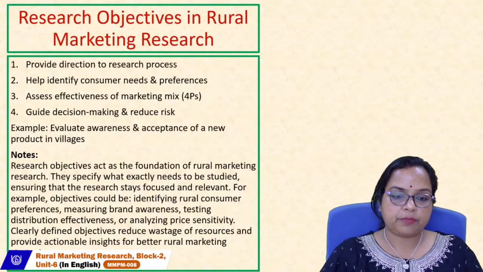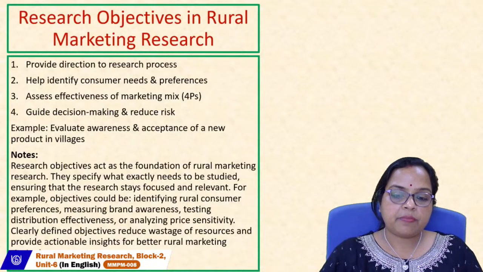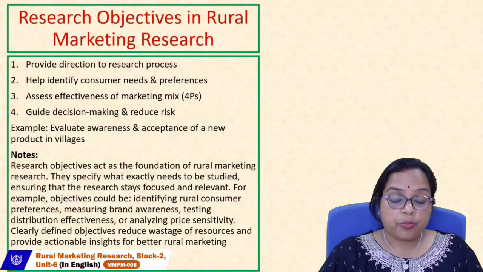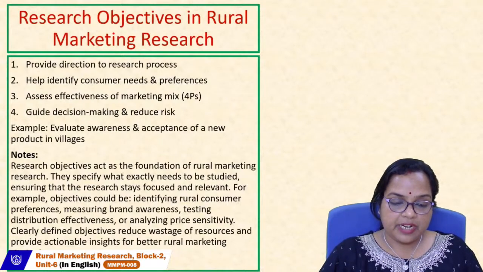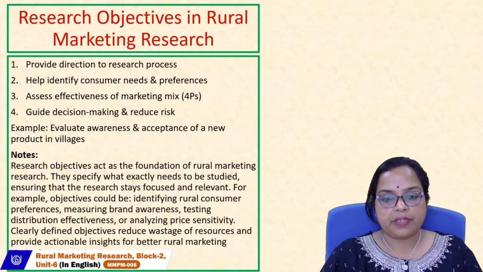For example, objectives could be identifying rural consumers' preferences, measuring brand awareness, testing distribution effectiveness, or analyzing price sensitivity. These are a few examples. So, what is the requirement of deciding the objectives of your research problem? So that your research can take a definite route to be conducted by you.